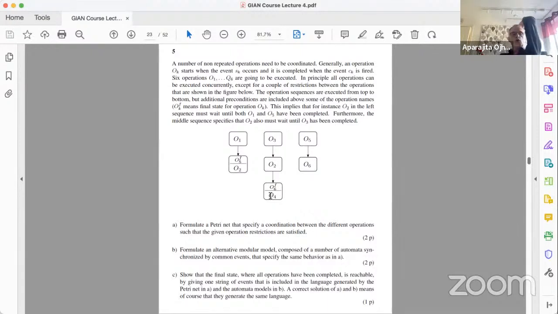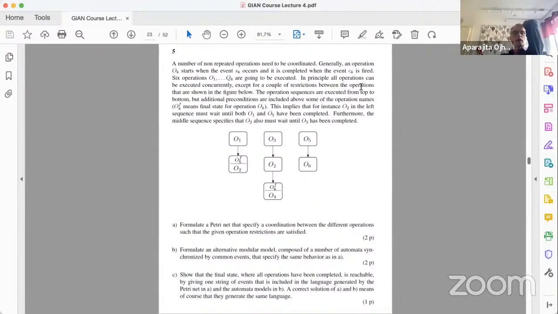But to start O4, even O6 needs to be completed. It's not enough with only O2. Also, operation O6 must be completed or finished.